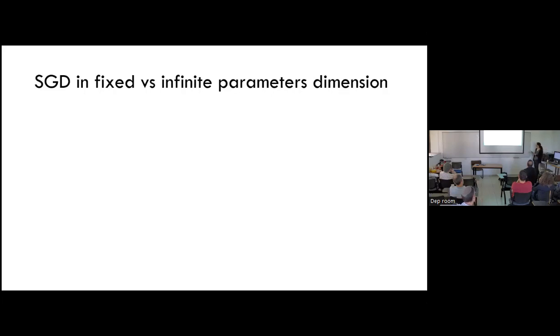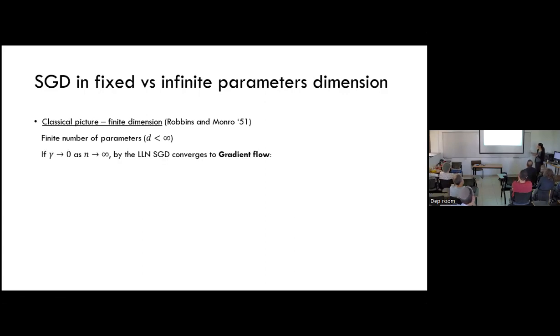Let's start with what happens in fixed dimension, when D is actually small. You're just doing this iteration with a small number of parameters. This goes back to the 50s. What people have shown is that when the number of parameters is not infinite, if you take the step size to be very small, and you take the number of iterations, which is the number of samples, to be very large, you will have a law of large numbers, and you will converge in the end to something called gradient flow, which is an ODE with respect to the population error.